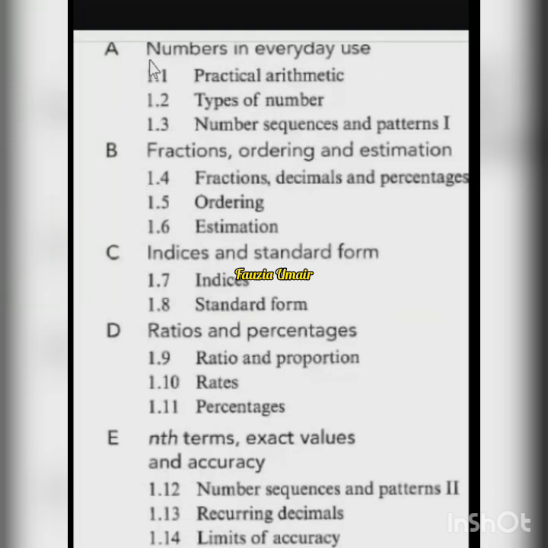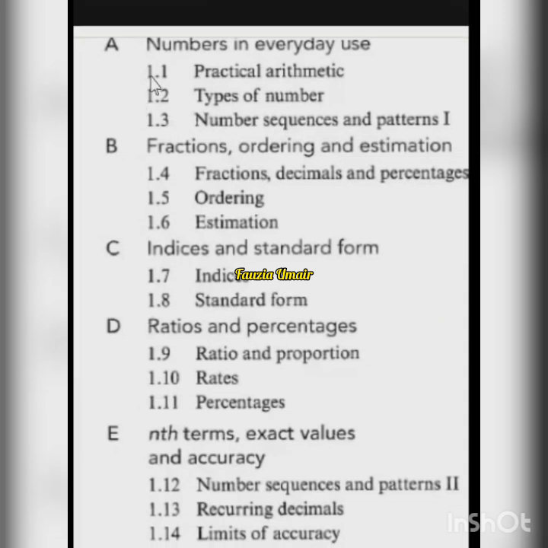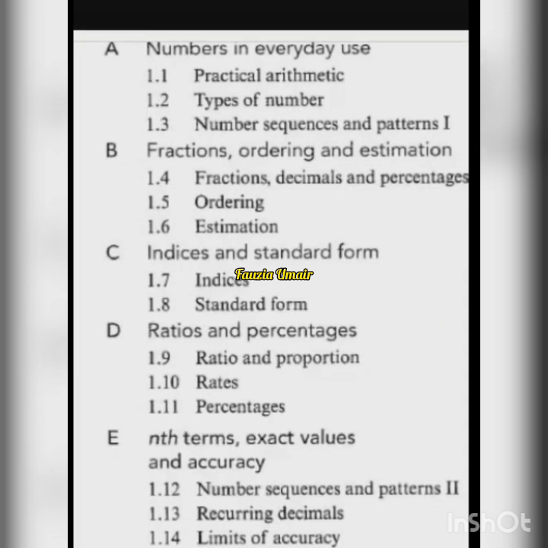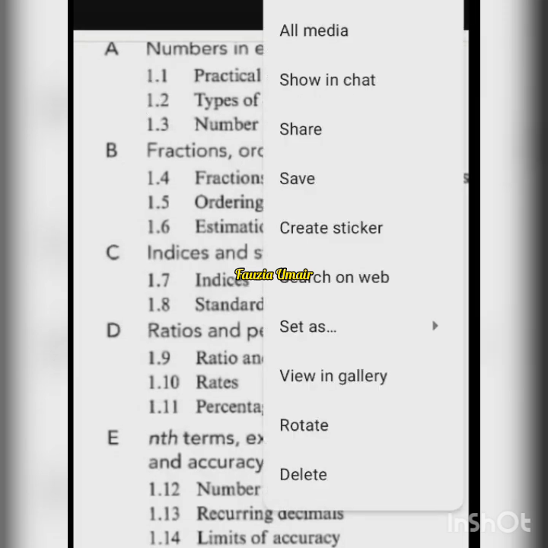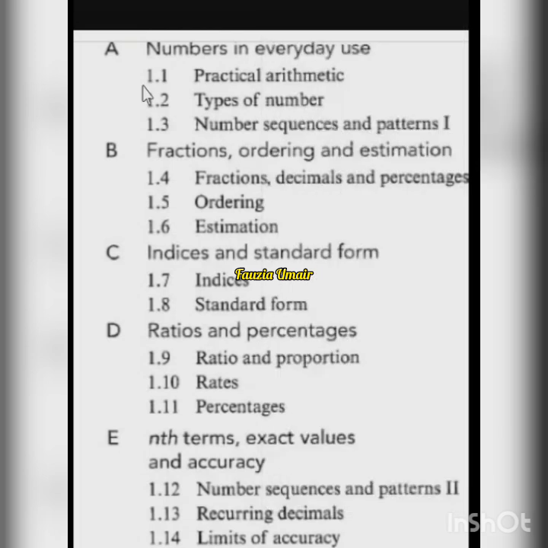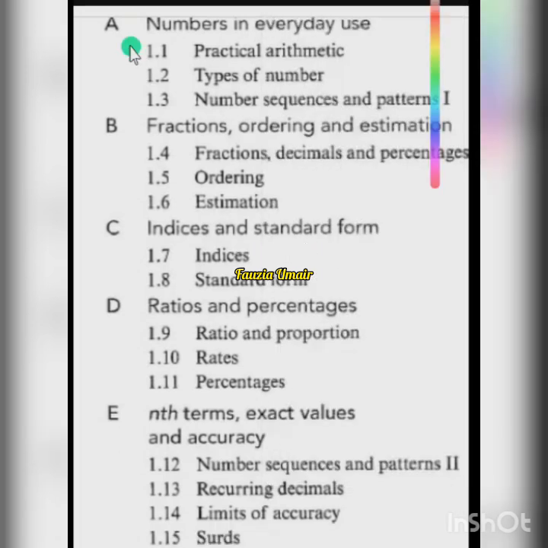So agar hum dekhein from the very start, we are done with this one. We are done with this one also. I cannot edit it, I believe. Just let me see if I can edit it. Okay, this is done. This is also done. Types of numbers. So we are left with this one.